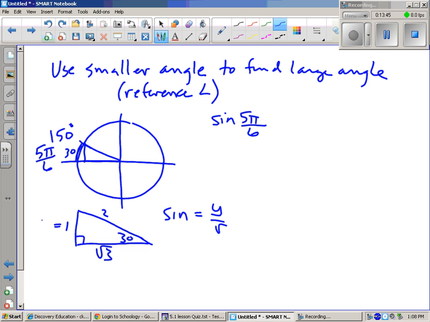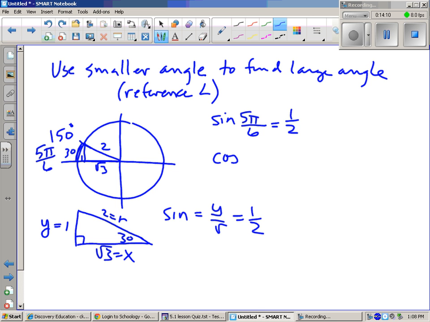So this is my y value, it goes up and down, and this is my r value. This would be my x because it goes side to side. So this would be root 3, 2, and 1. So sine is y over r, which would be 1 over 2. So the sine of 5 pi over 6 is 1/2, just like the sine of 30 is 1/2.